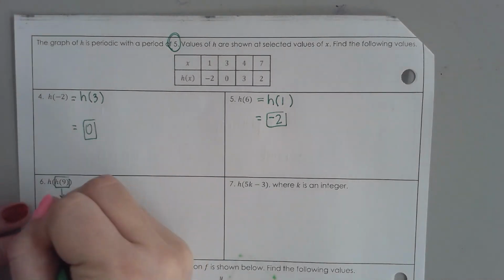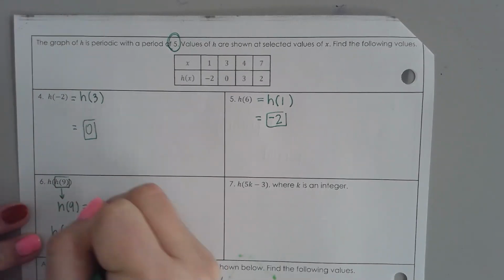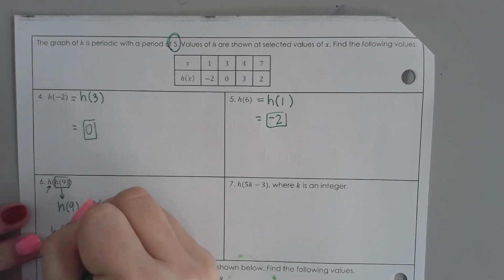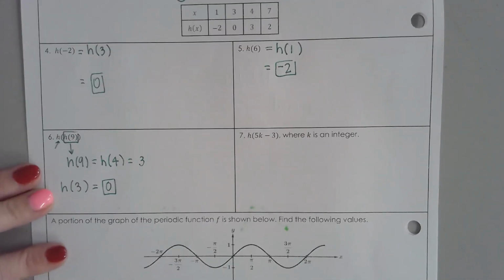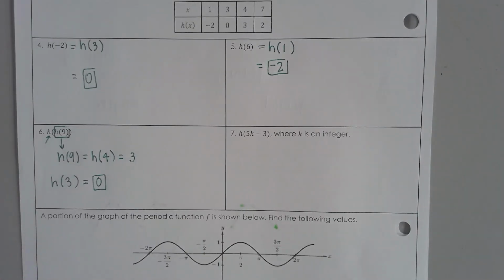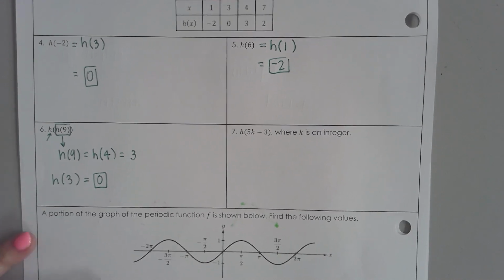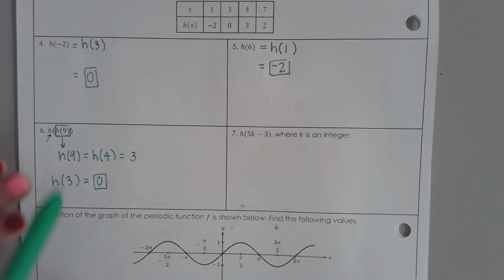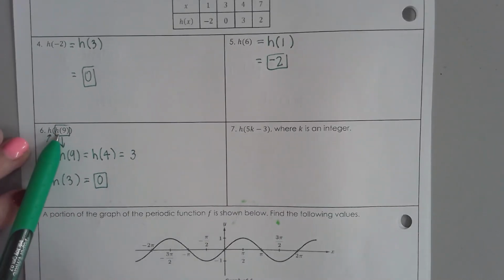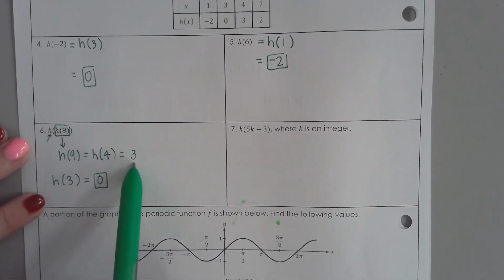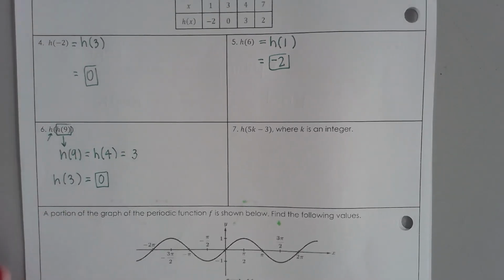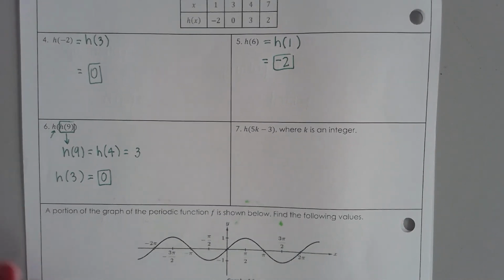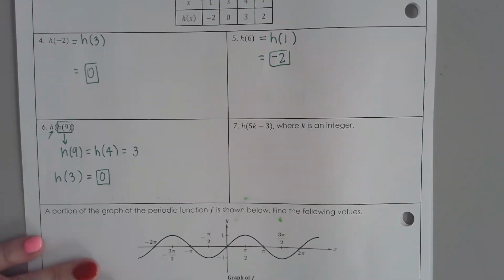And then I have to find H of 3 because my composition, and you get 0. Because it's H of 9. Okay. H of 9 is 3, so then I was doing H of 3. Composition, you do inside first, then you do the outside.